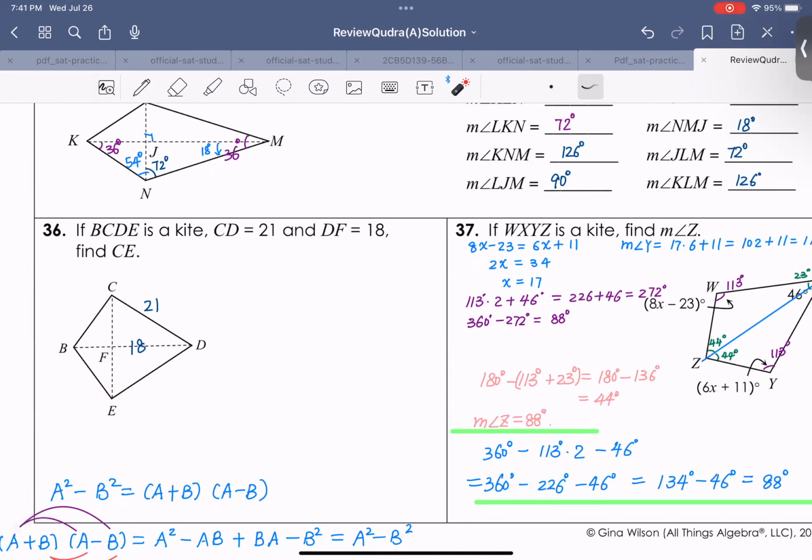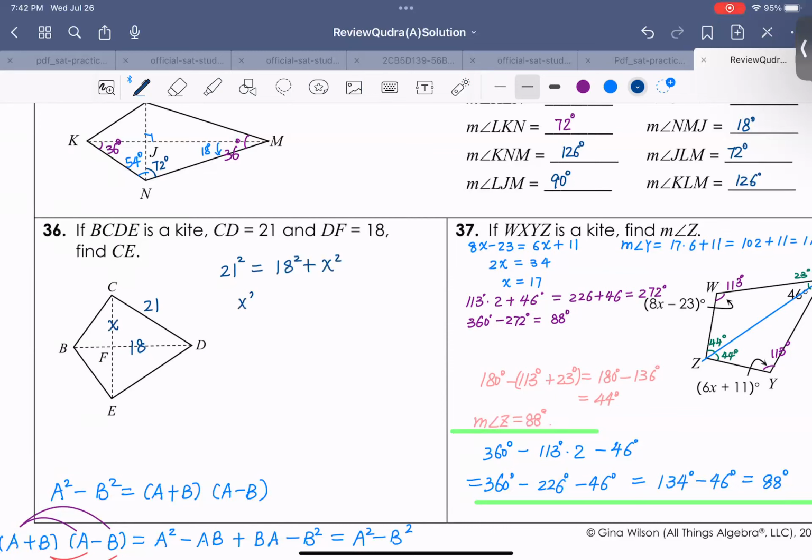21 squared equals 18 squared plus x squared. The longest side equals the sum of the squares of the other two sides, right?